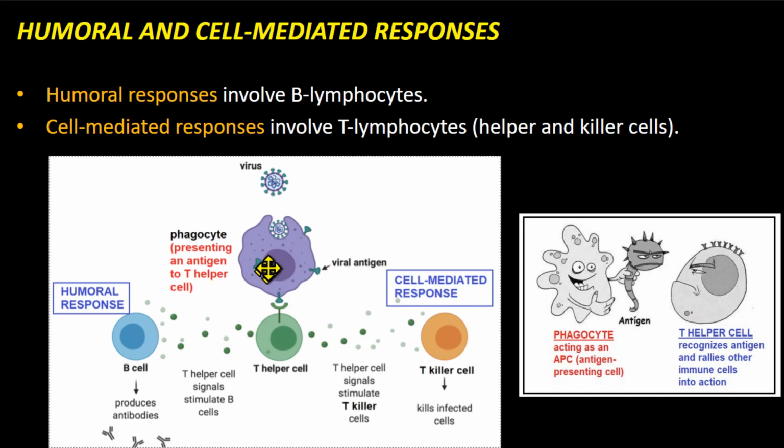It can present this antigen to a T helper cell, which can then send signals to either T killer cells, or the B cells are going to produce antibodies, and this is the humoral response, and the T killer cells are just going to kill the infected cells. This is called the cell-mediated response. Here we can see the phagocyte acting as an antigen presenting cell to a T helper cell, which is now going to recognize the antigen and send the signals to the other white blood cells to take action.